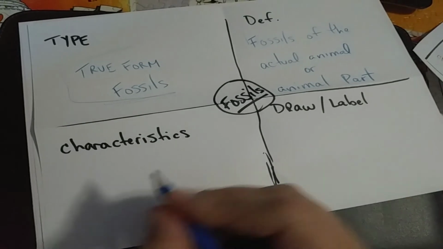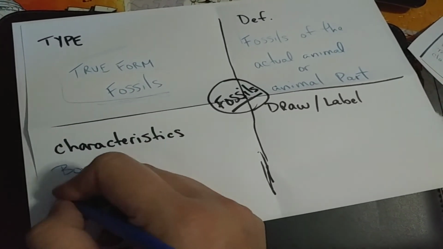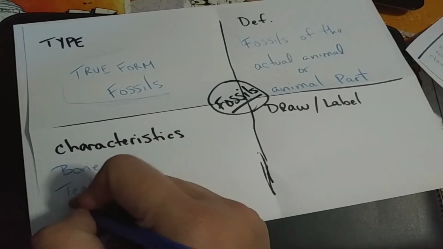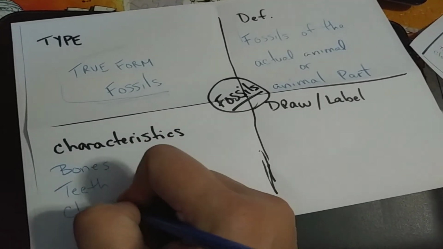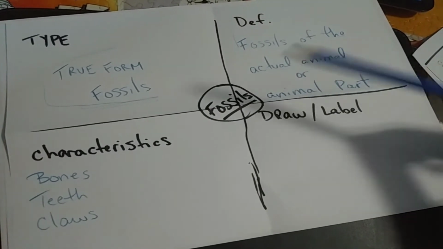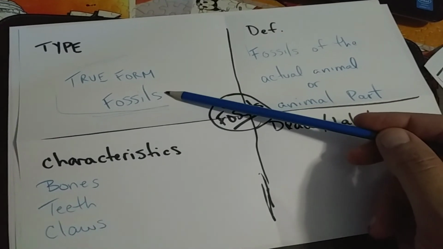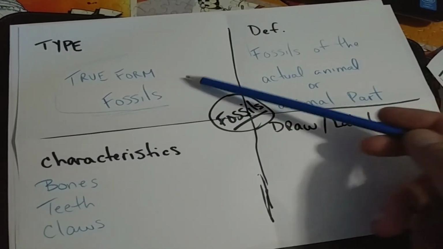In this one, it's going to be bones, teeth, and claws, since these are all a part of the actual animal. So that means that they're going to be true form fossils. So here you can see that they can definitely make a connection.